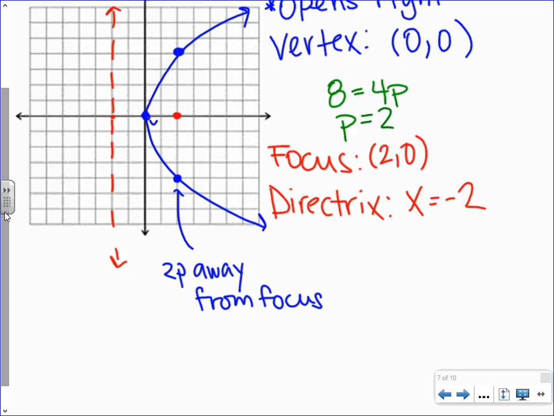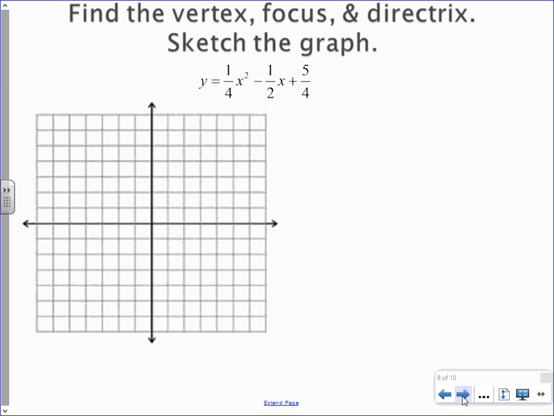All right, but oftentimes you are going to get an equation that is not in standard form. Now this is something we are used to seeing back in like chapter 2 of pre-calculus or last year in algebra 2.